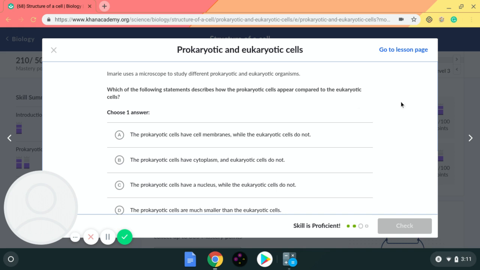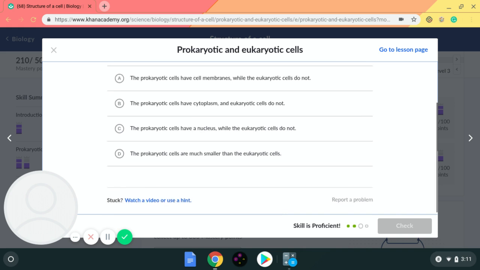All cells need cytoplasm. That is a no. Prokaryotic cells have a nucleus, while eukaryotic cells do not. Just know, it's backwards. And D. Prokaryotic cells are much smaller than eukaryotic cells.